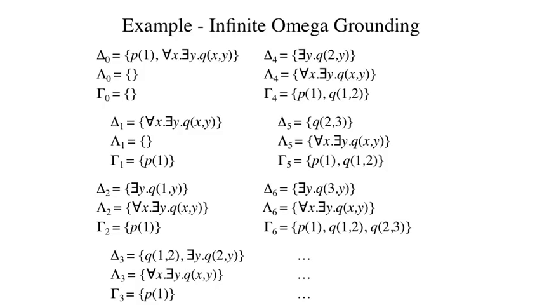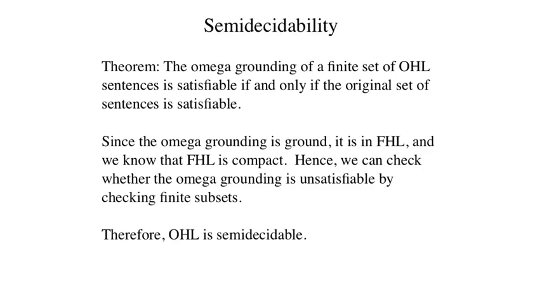Although the set in principle is infinite, we don't actually need to compute the entire grounding, just subsets of increasing size. Okay, so now note that the omega grounding for a finite set of OHL sentences is all ground. We know that if a set of ground sentences is unsatisfiable, then there must be a finite subset that's unsatisfiable.